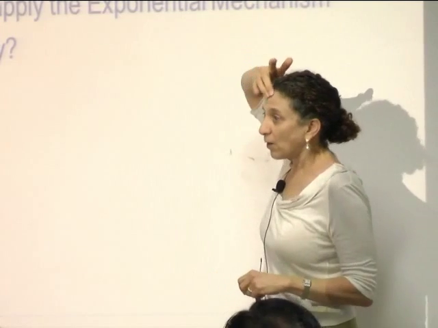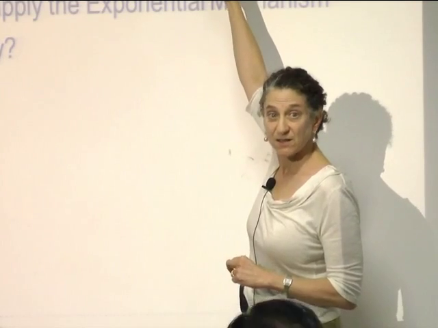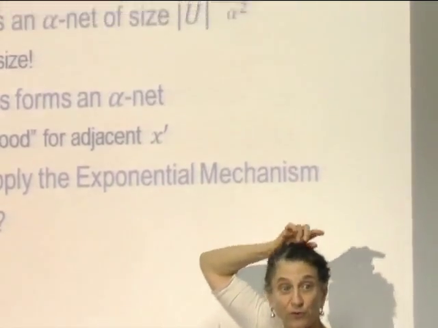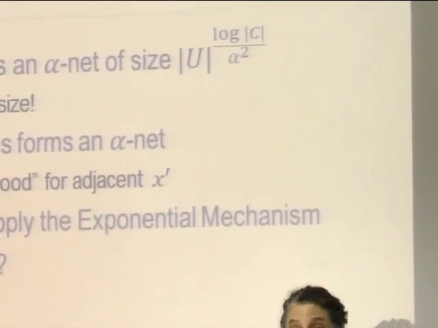We're looking at all of the sets of size log of the number of queries divided by alpha squared. So if we want a lot of accuracy, alpha is going to be very small, and that exponent is going to go up.